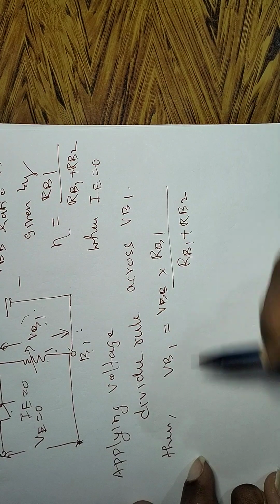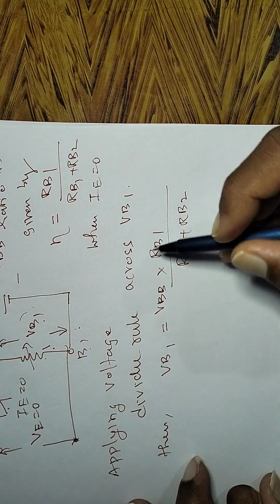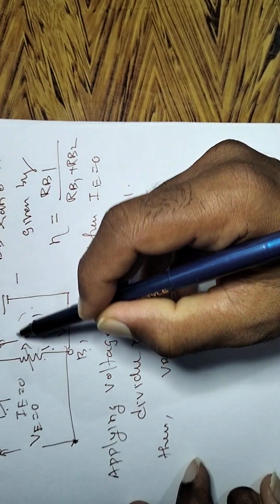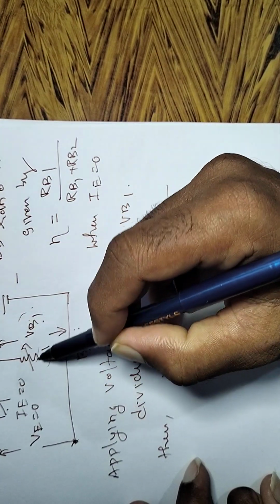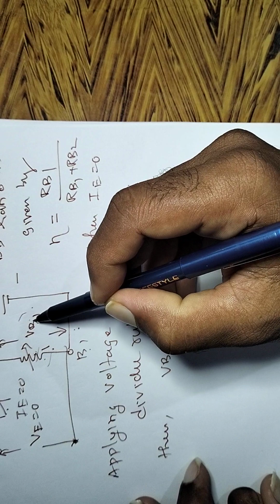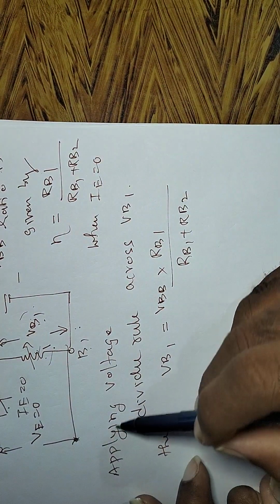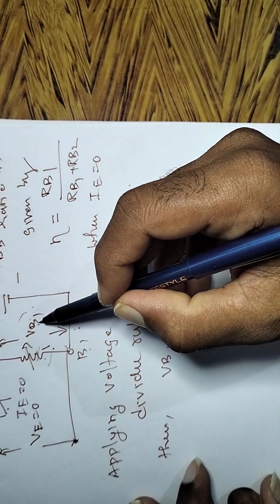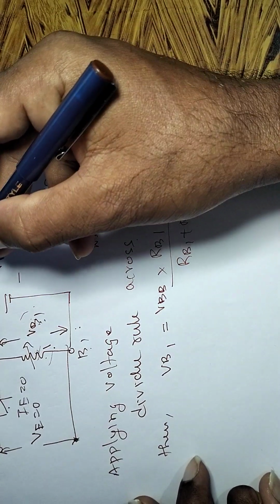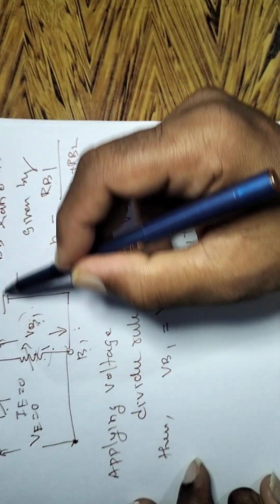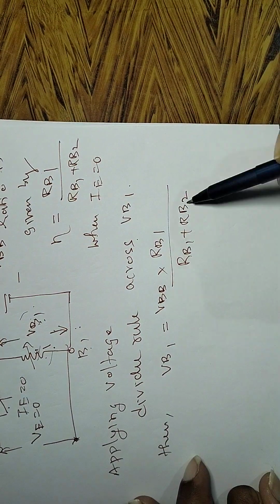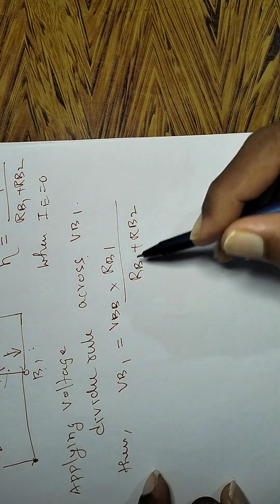So this is the equation for the voltage divider rule between these. To find the value of VB1 across this variable resistor, we are applying the voltage divider rule. Then the drop across VB1 equals the total voltage into RB1 divided by the total resistance. That is the expression for this value.